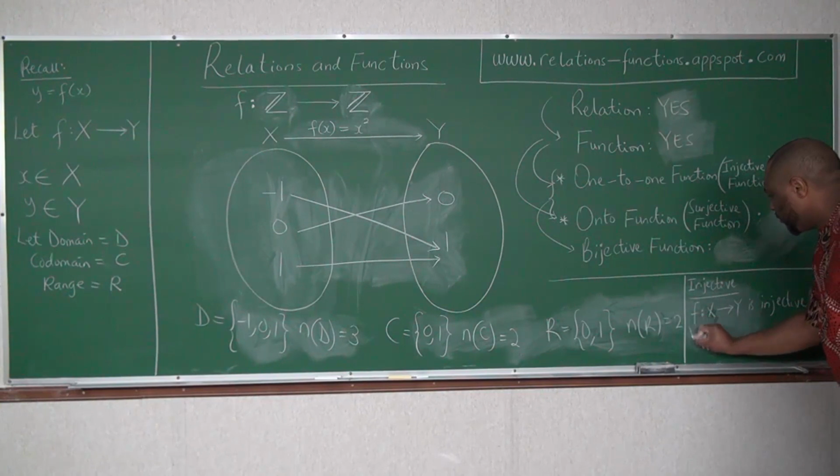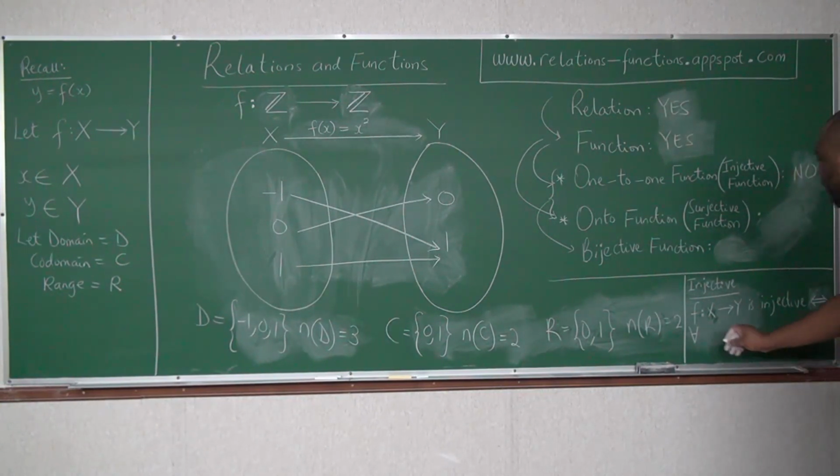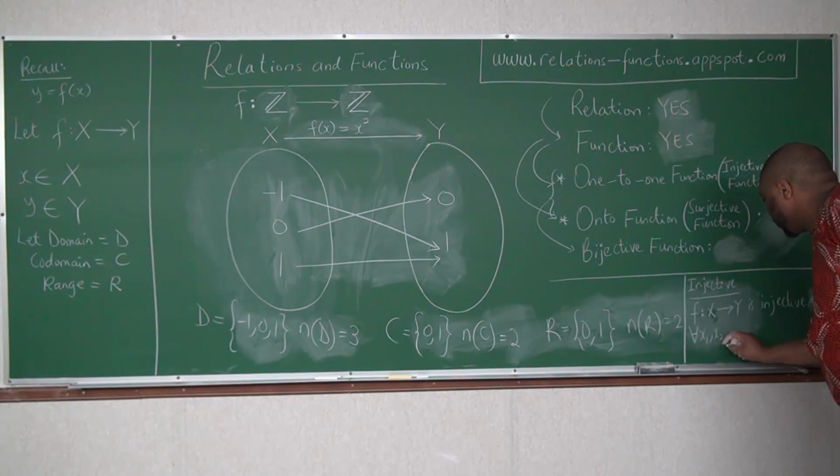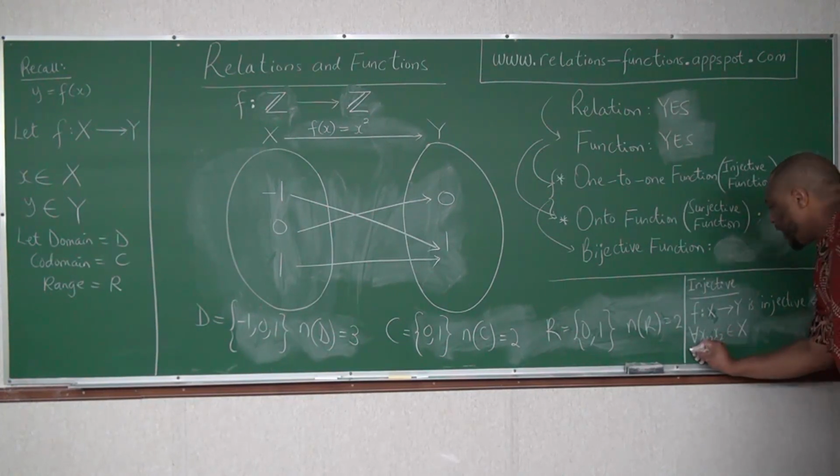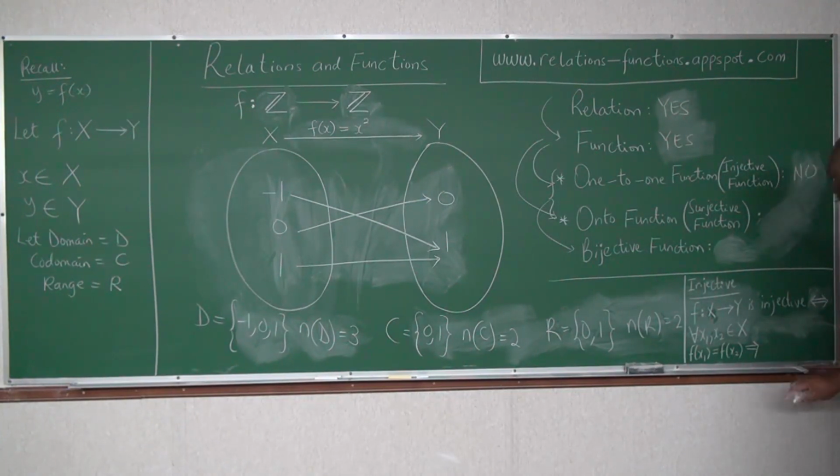For all x1, x2 elements of x, f of x1 equal to f of x2 implies that x1 is equal to x2.